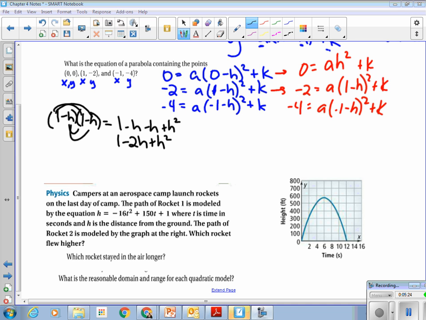If we look, (negative 1 minus h) squared follows something similar. Negative 1 times negative 1 is 1. Negative 1 times negative h is positive h. Negative h times negative 1 is positive h. And negative h times negative h is positive h squared. So this is 1 plus 2h plus h squared.